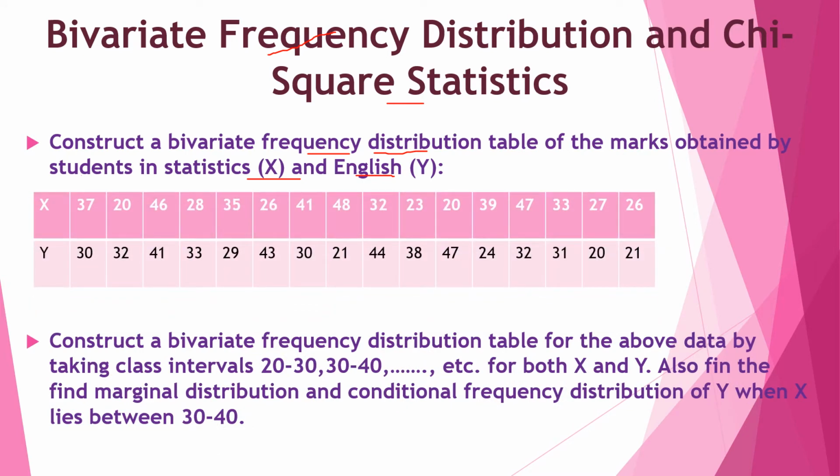The table which is being given to us is divided into two parts, the X part as well as the Y part. The X part indicates the statistics subject and the Y part indicates the English subject.